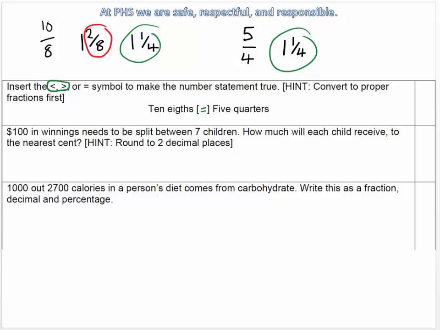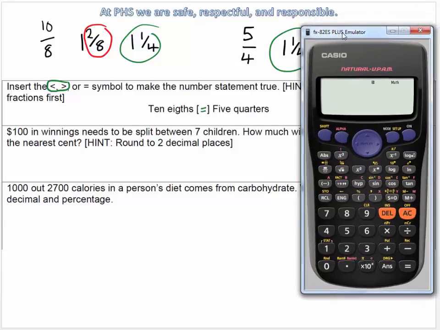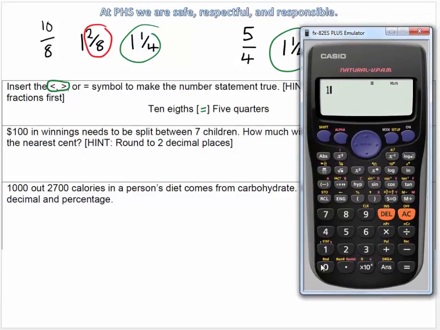Remember you do have access to a calculator in your test, so let's go 100, and I want to split that up into 7 groups. I'm going to divide that by 7. Now this gives me 100 over 7. Well, I already know that. I want to know what it is as a decimal. So I press that SD button down there, and we get 14.28571429.